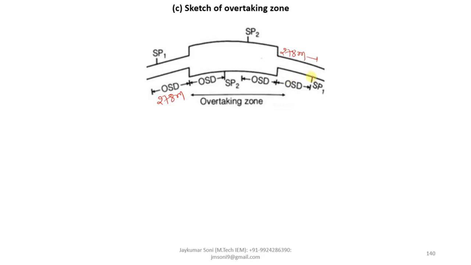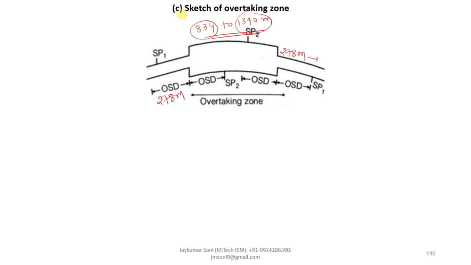So SP1 will be 278, 278. Now this whole is the length of overtaking zone, so it will be between 834 to 1390 meter. This is the minimum and this is the desirable. So this is how you can put the values in the sketch of the overtaking zone.